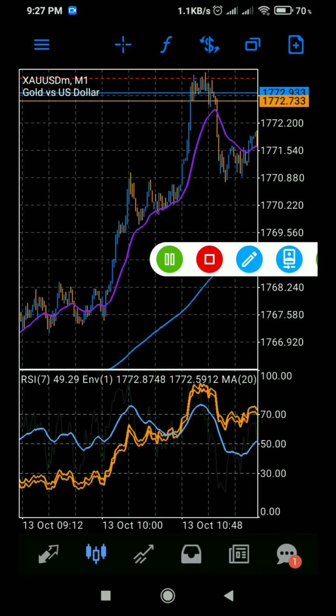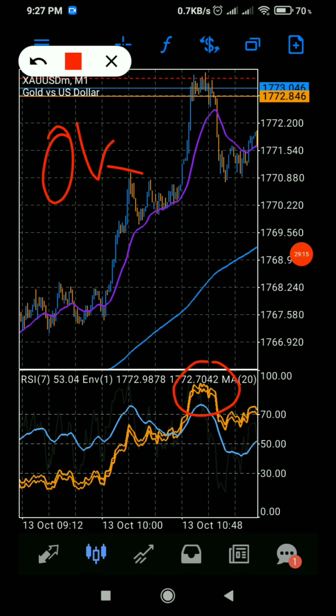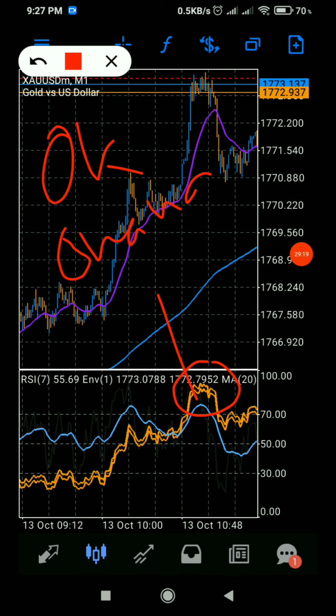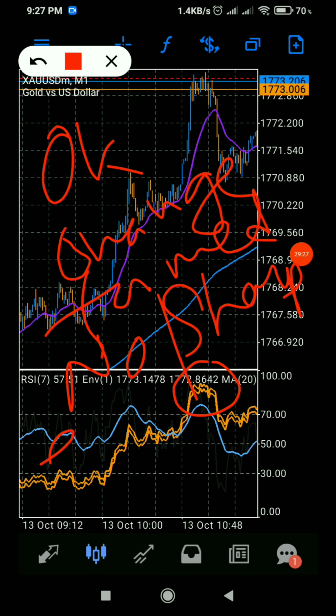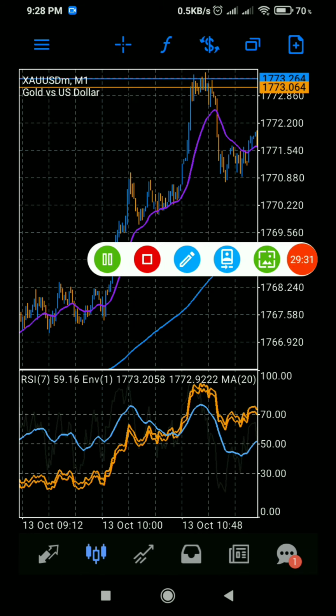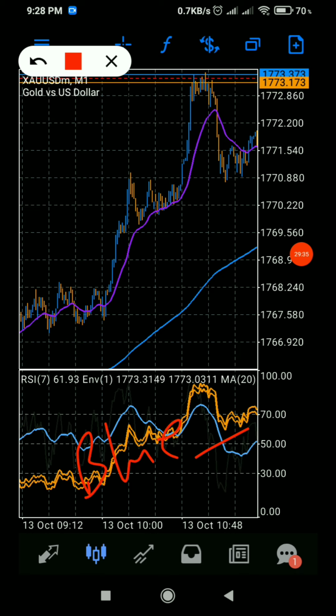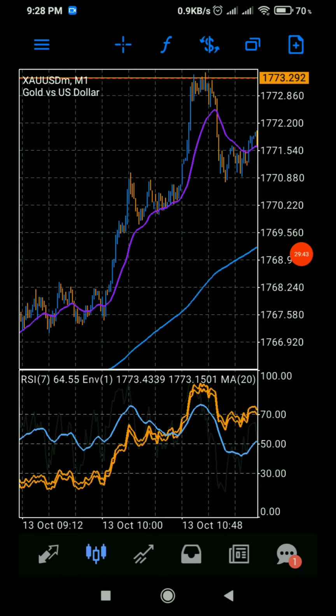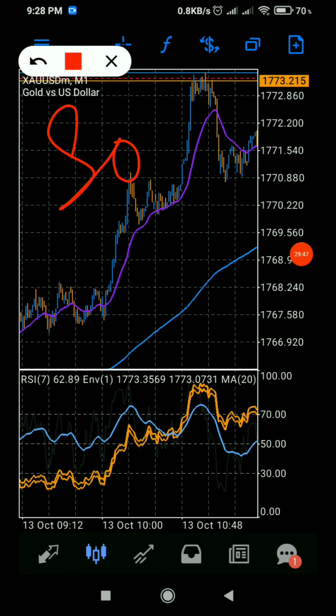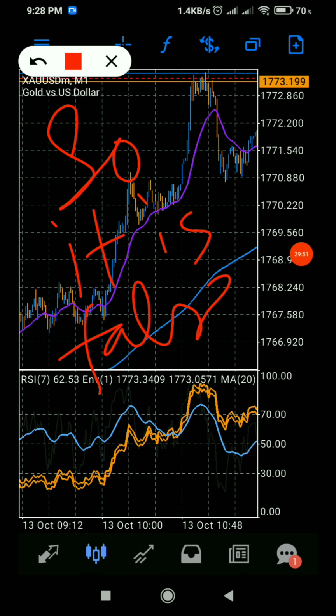So now you can clearly see the signal here, the golden edge forming above the 70 level, but this orange has no sharp edge. The blue crosses 50, but we didn't take a sell entry from here, so it is a false signal.